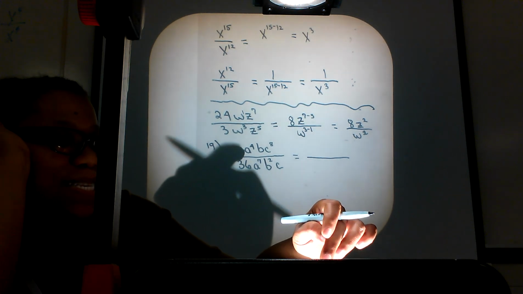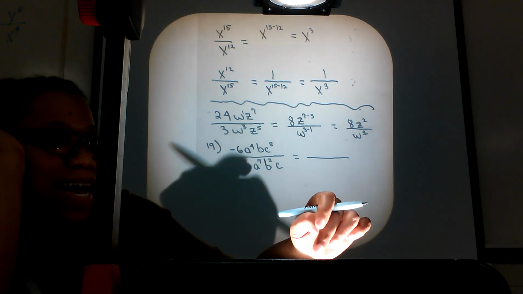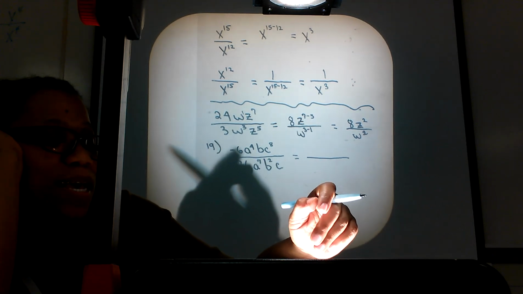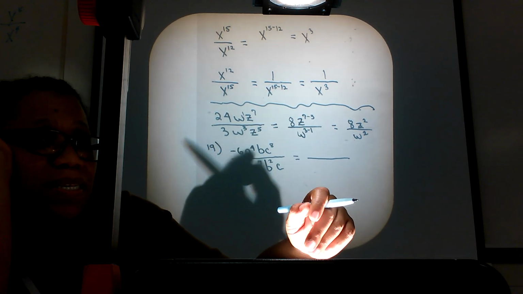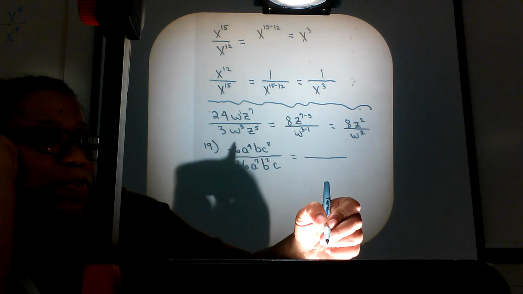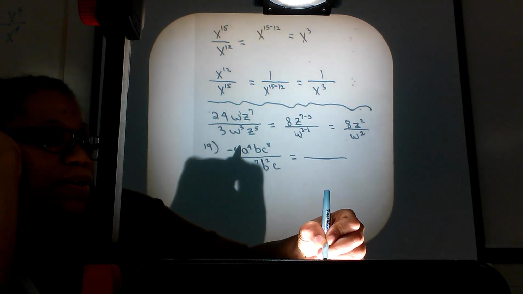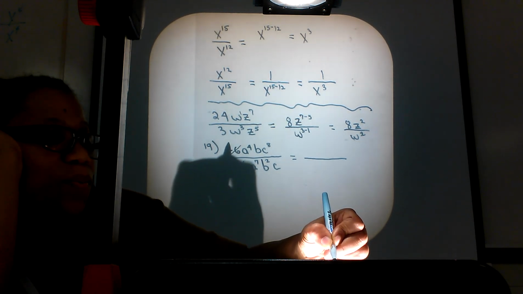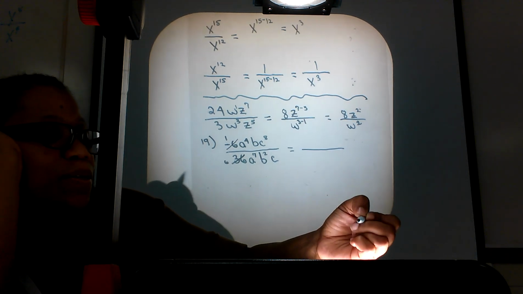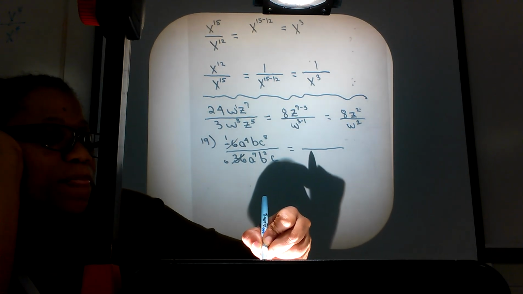So we have 6 over 36. I know 6 goes into 6 one time, and I know that 6 goes into 36 6 times. So I'm going to go on and reduce this right here. So I know my 6 goes at the bottom.